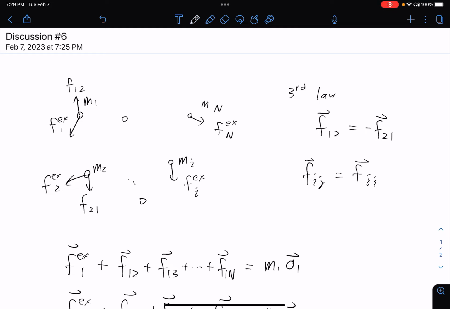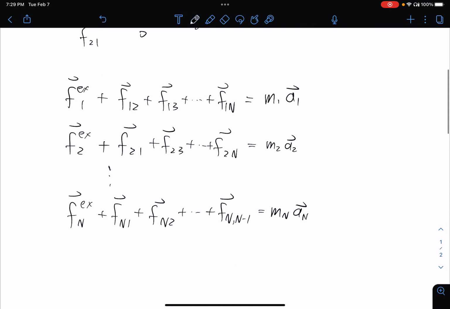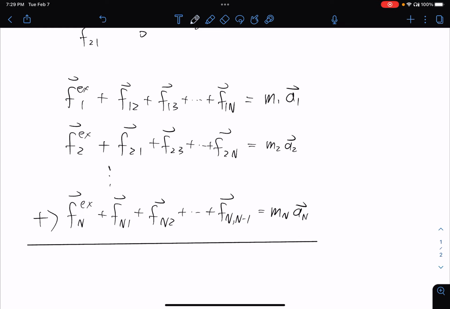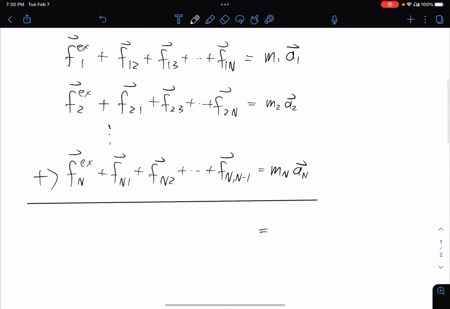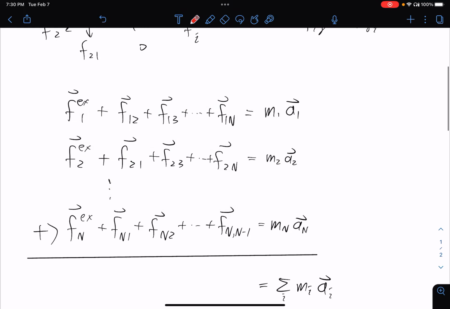So now what we're going to do is to sum every single equation above. I'm going to add everything here. On the right hand side, I'm going to get the sum of the mass of each point times its acceleration. And on the left hand side, we will see that the force from 2 acting on 1 equals the minus of the force from 1 acting on 2.